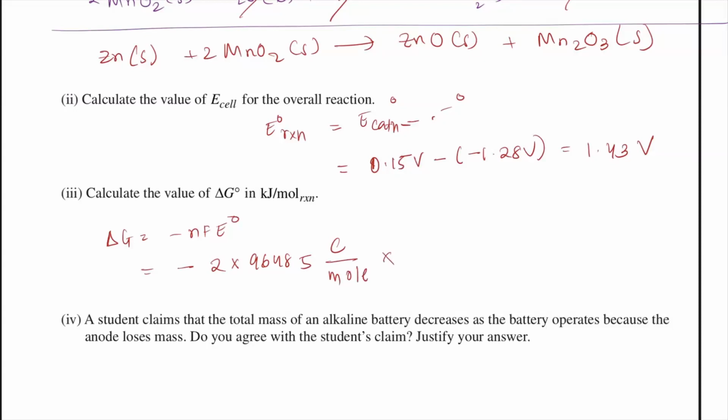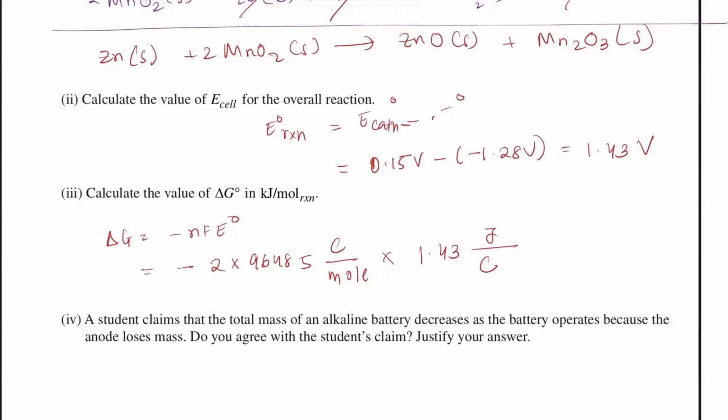And our E0 that we already calculated is this one, 1.43 volts. One thing you need to know is that the volt here is actually joules per coulomb.